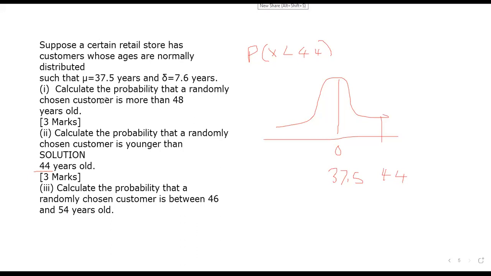Okay, so this is what we have here. Our mean is 37.5 and our standard deviation is 7.6. Here we're being asked to calculate the probability that a customer is younger than 44. So younger is synonymous to what? Less. That's why we're using less there.